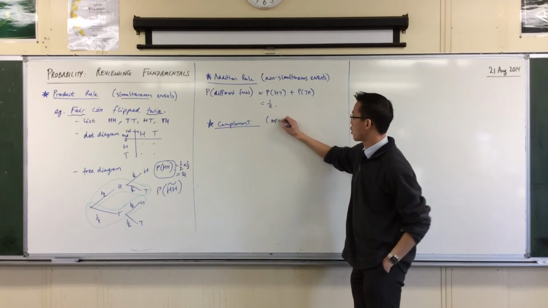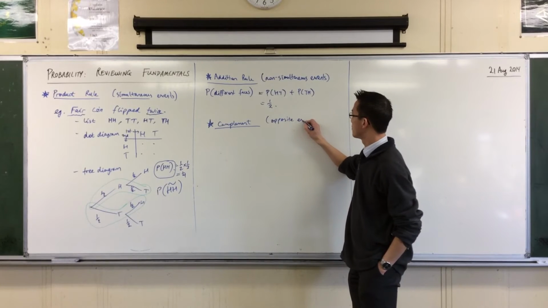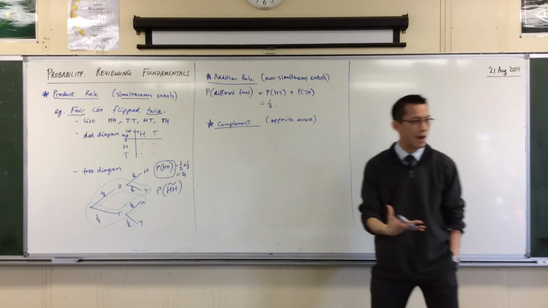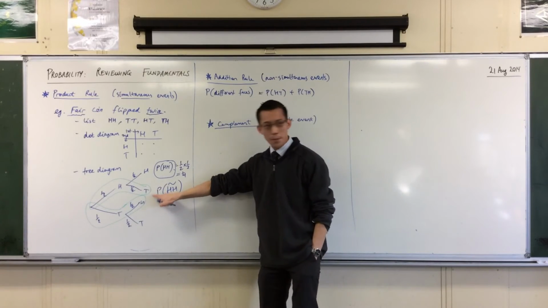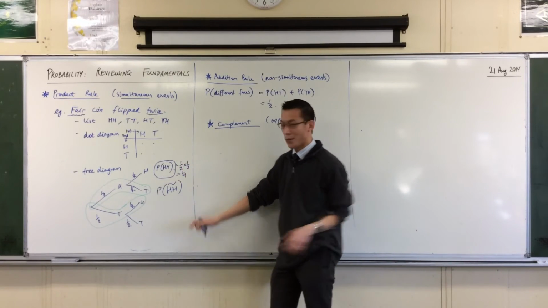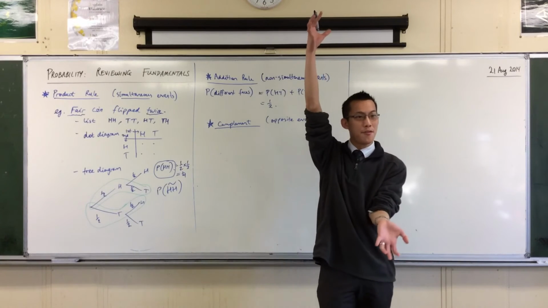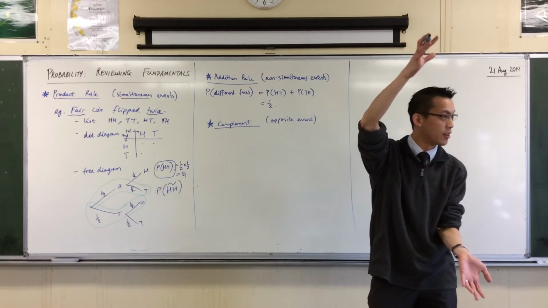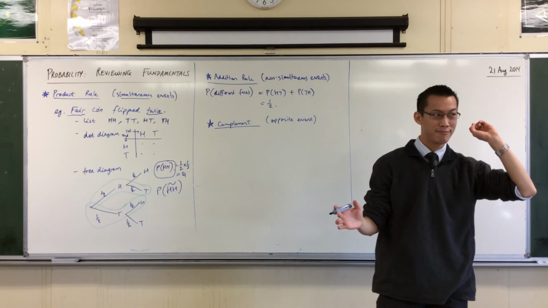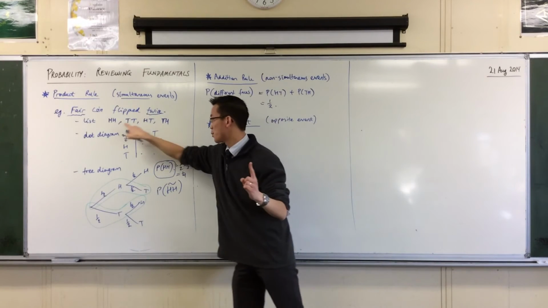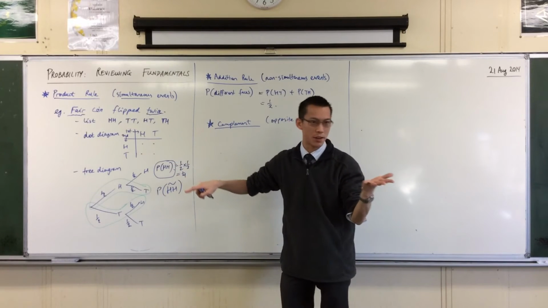So if you like, you could say it's the opposite event. Or the event not happening is a more technical way to say it. Okay. So it's the probability of this not happening. Now we know that the total probability for all of the outcomes when you add them all up, if you've got the entire sample space, it's equal to 1, right? A quarter plus a quarter plus a quarter plus a quarter equals 1, okay?